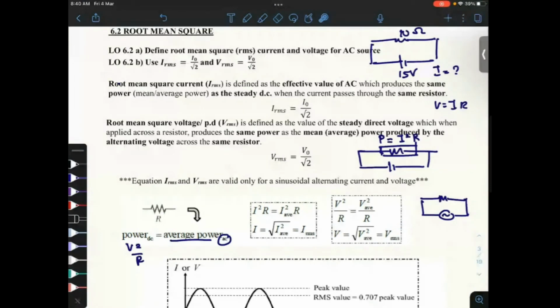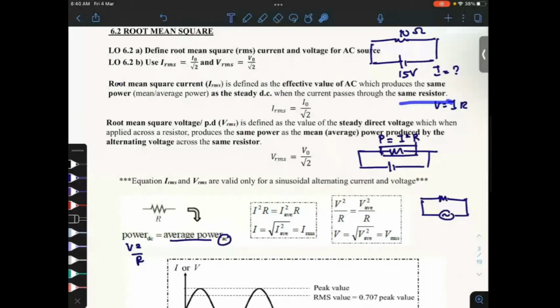So cara kita nak relate dekat sini AC dengan DC adalah menggunakan power mereka across the same resistor. That is why the definition of IRMS dengan VRMS ni kita relate dengan the effective value of AC iaitu current dalam AC kita which produce the same power. Okay, same power ni kita maksudkan mean ataupun average power as the steady DC when the current passes through the same resistor.